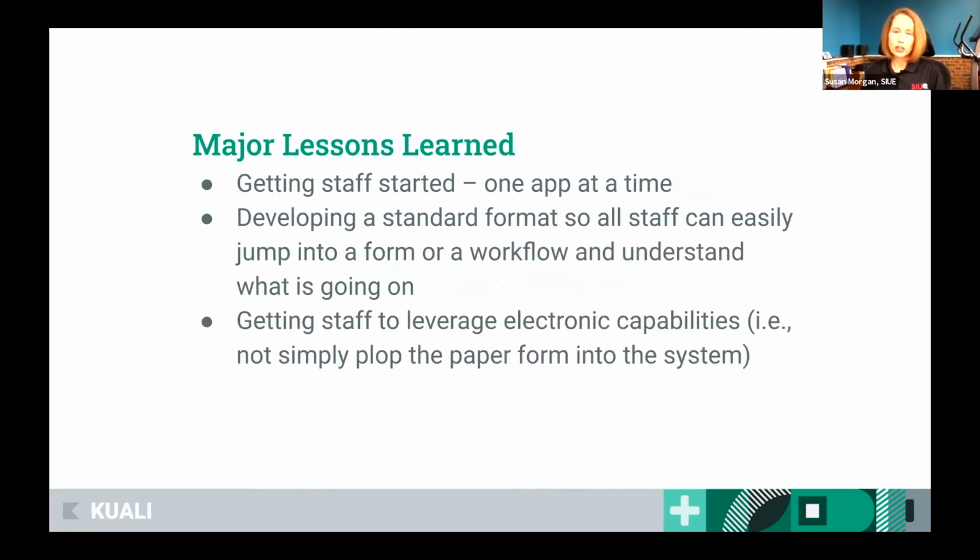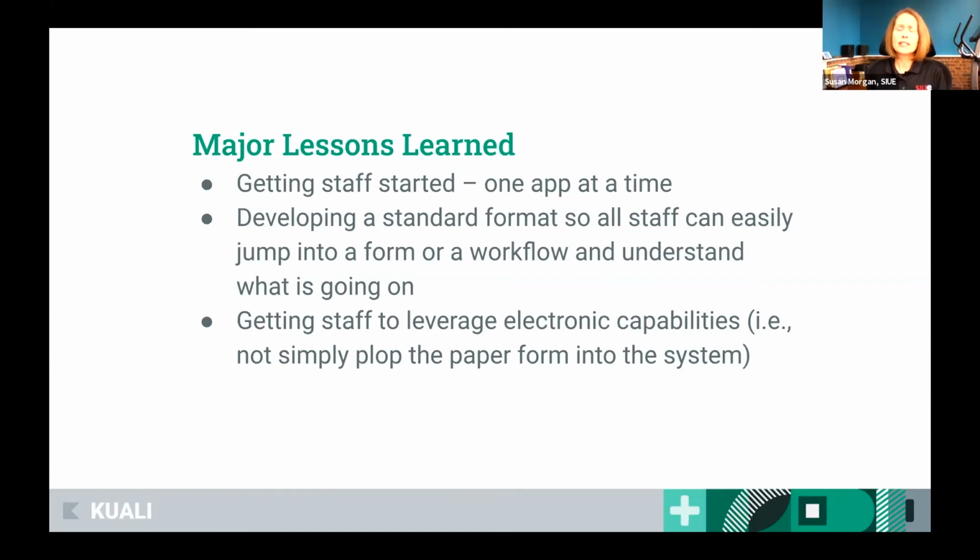Our major lessons learned. One was this process of getting the staff started one app at a time. If you'll recall, I had that very ambitious timeline because I wanted to push everyone, but I also wanted everyone in the system learning it, because I did not want only one pre-award staff person to know how to use the system.